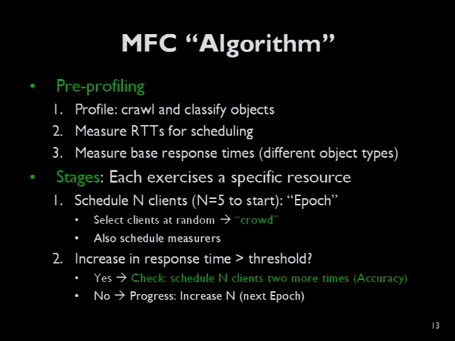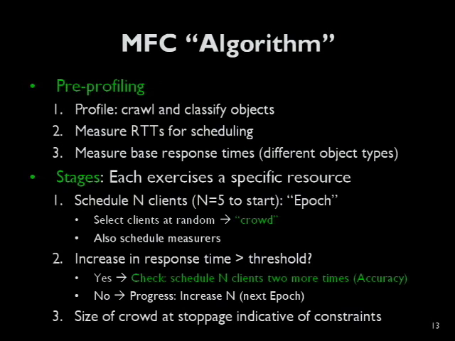So we gradually increase the load until we are absolutely sure that we hit the threshold. And when we are able to conclude with high accuracy that something happened, the size of the crowd at that particular time is indicative of the limitation of that resource when we saw something happen.